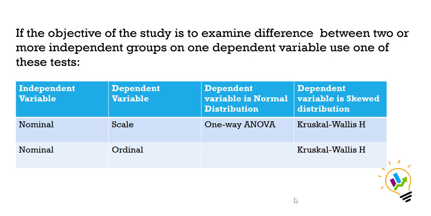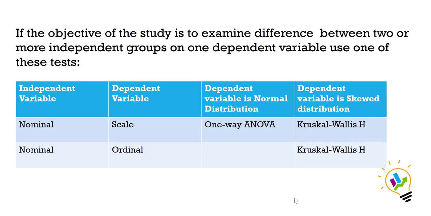And for an independent variable nominal with more than 2 levels and a dependent variable whose measurement type is ordinal, we must use the Kruskal-Wallis test. As I already said, a dependent variable which is ordinal cannot use a parametric test. It should be a non-parametric test, so you must use the Kruskal-Wallis test. And the final one: if the independent variable is nominal and the dependent variable is also nominal, then you must again use the chi-square test.